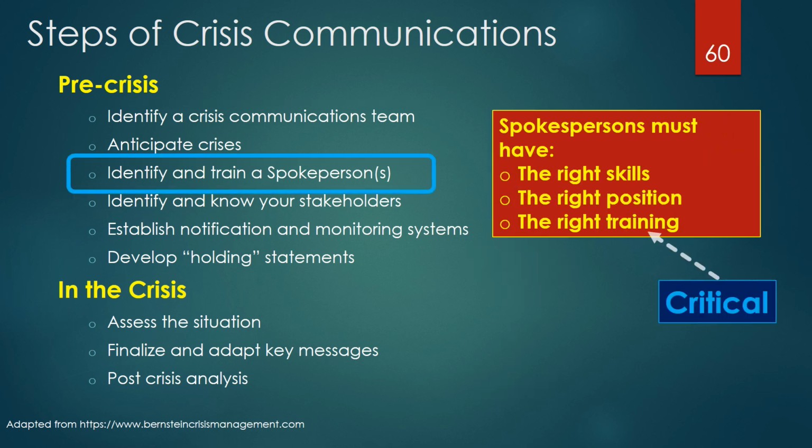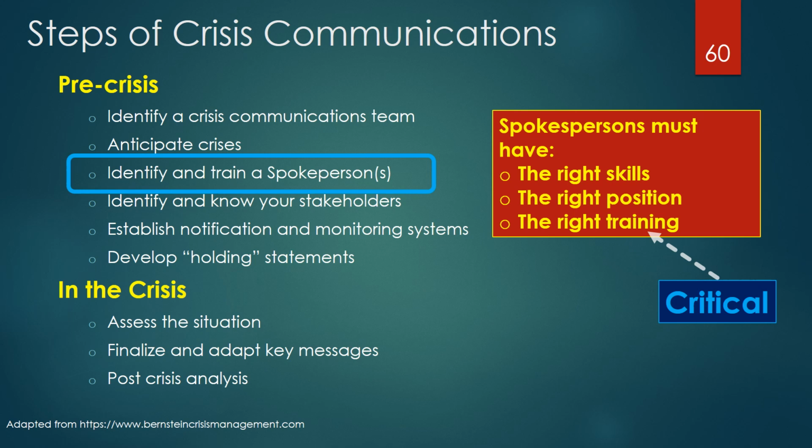Next, organizations should identify a spokesperson or spokespersons for crisis communications. In large agencies or organizations, there may be multiple spokespersons representing various areas of expertise. Appropriate spokespersons must have the right skills, the right position, and the right training.